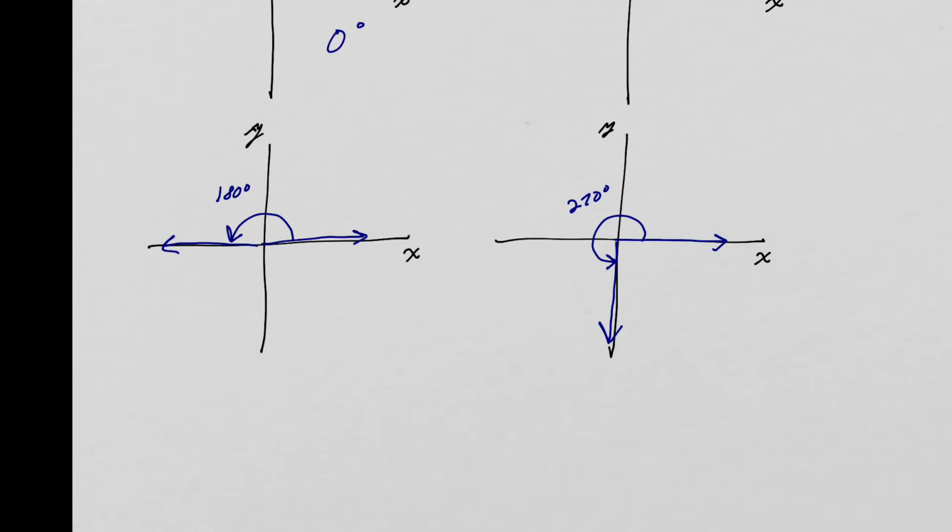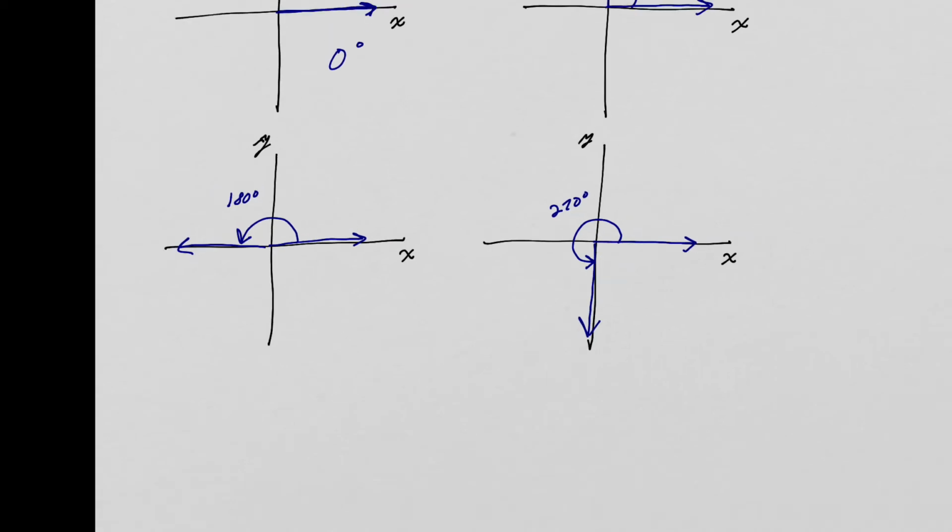And of course, if you go all the way around, so now the initial side is positive x, and I go all the way around, and let's say the terminal side also lies right on the positive x-axis, then that's going to be 360 degrees.